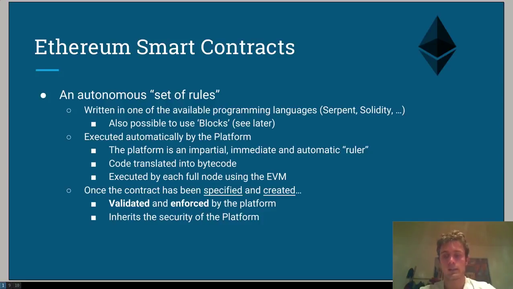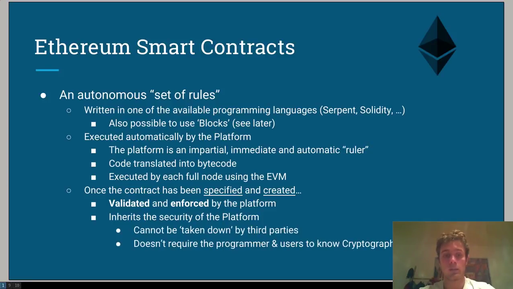And the security of your contract is taken care of by the platform. It cannot be taken down, and it has very limited requirements. Still, you need to be a programmer to write a contract from A to B. But as a lawyer, by using blocks, you could write one also very, very easily.